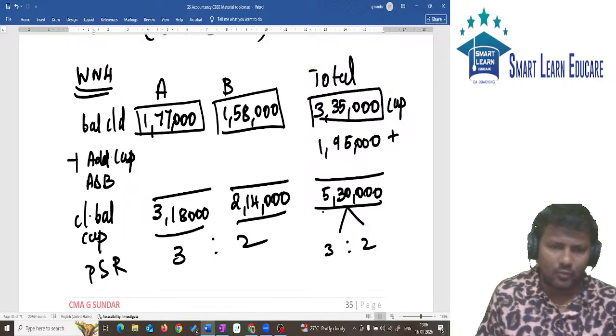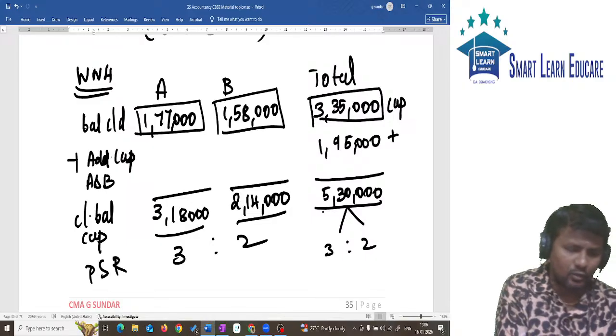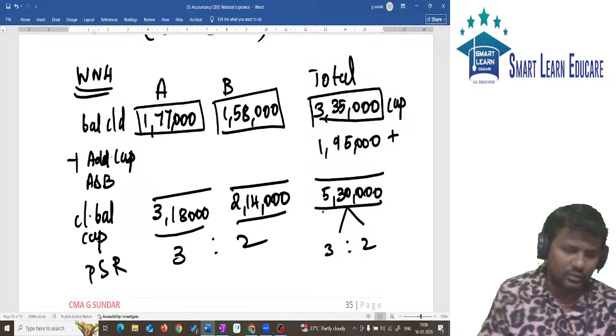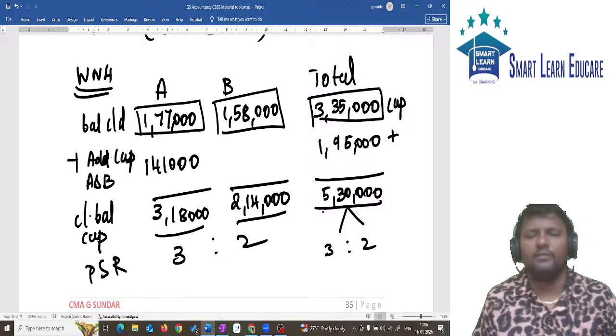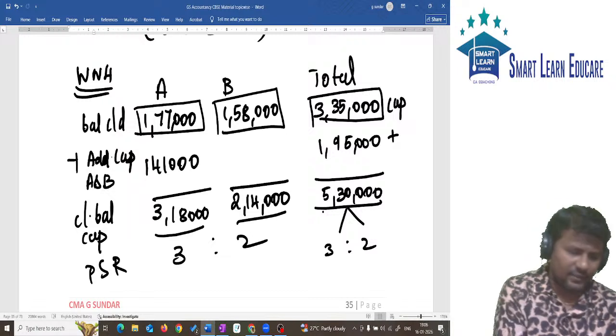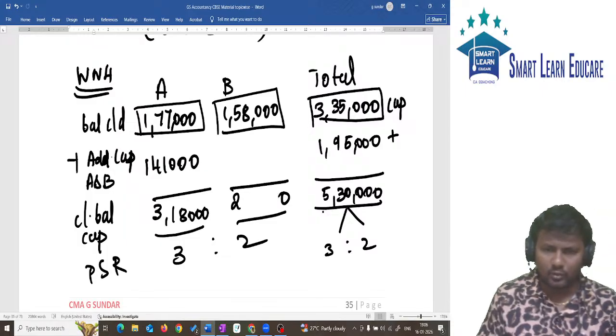How much is the amount brought in? 3 lakh 18,000 minus 1 lakh 77,000. The new partner brings 1 lakh 41,000. Next, 5 lakh 30,000 minus 3 lakh 18,000 is 2 lakh 12,000.